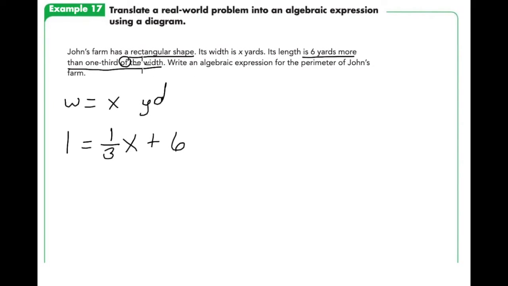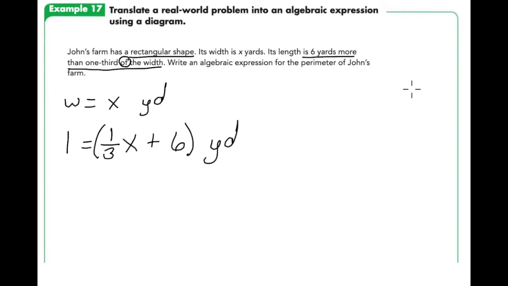So right now, from the first 3 sentences, we learned the shape, we learned the width, and we learned the length. Again, the width is x yards, the length is 1/3 x plus 6 yards. And we know that we have a rectangle.